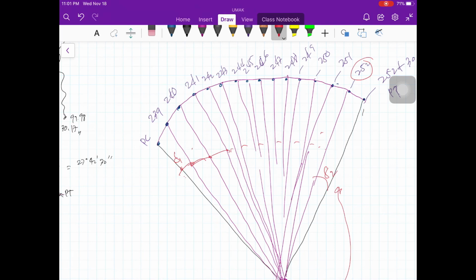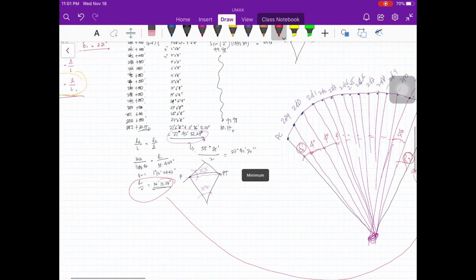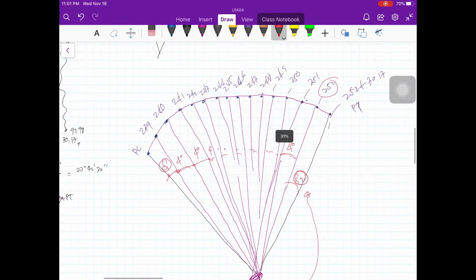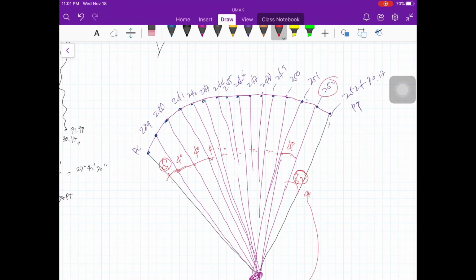So the value of these are 4 degrees, right? Because this is the deflection angle, so all of these are 4 degrees, until here. This one is gamma 2 over 2, so the gamma 2 is 1 degree. So that's it. If you connect PC to PT, you have the different deflection angles, right? Those are the deflection angles.